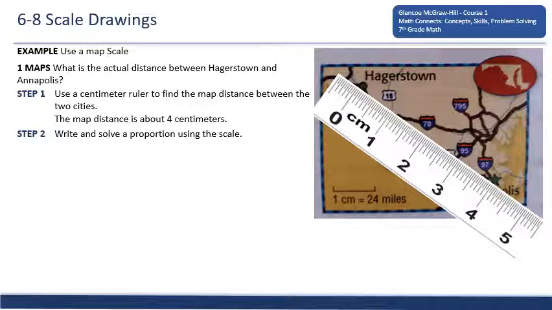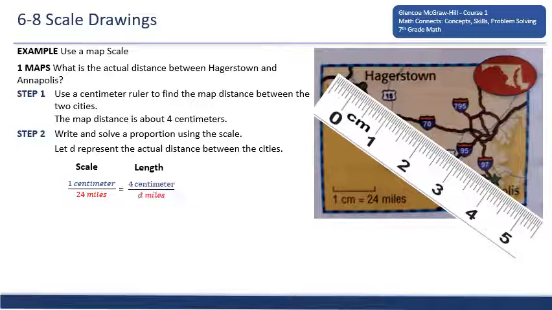Write and solve a proportion using the scale. Let D represent the actual distance between the cities. So the scale is 1 centimeter on the map equals 24 actual miles. And the length of 4 centimeters on the map equals how many miles, or D miles.